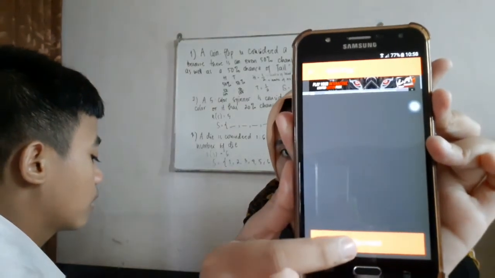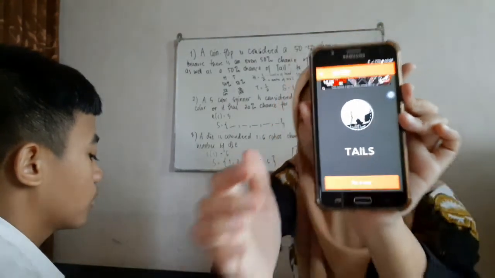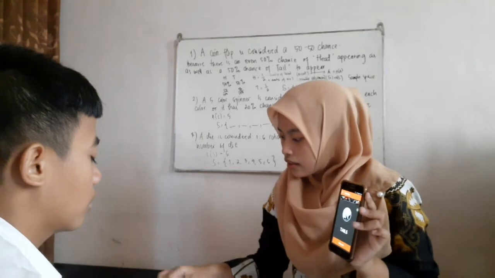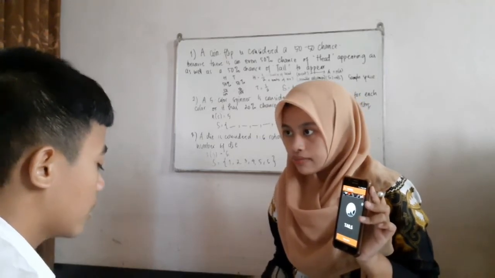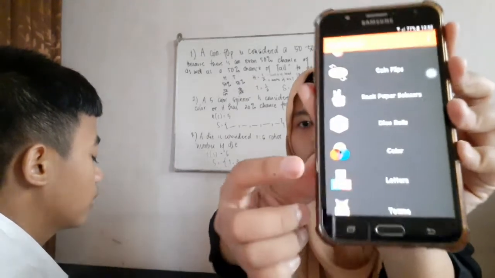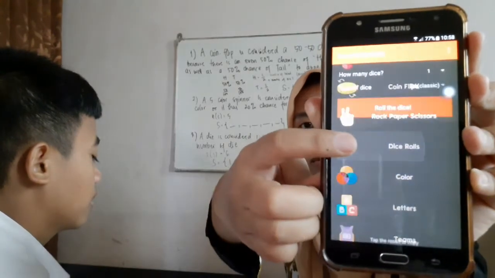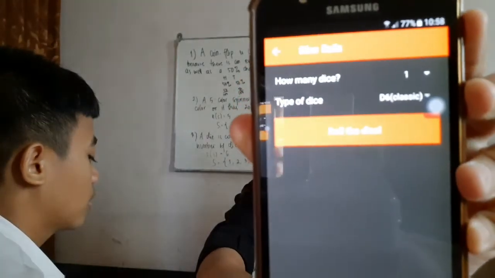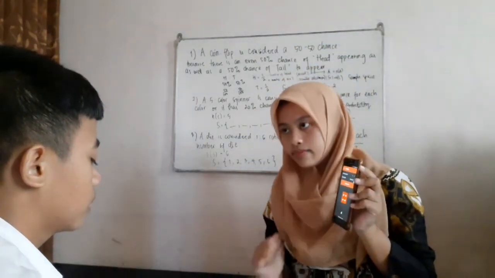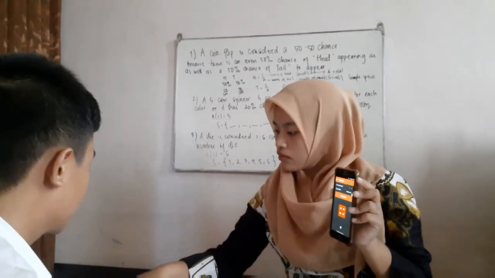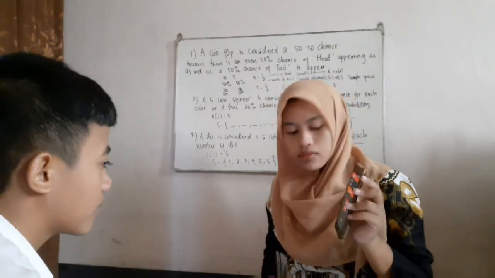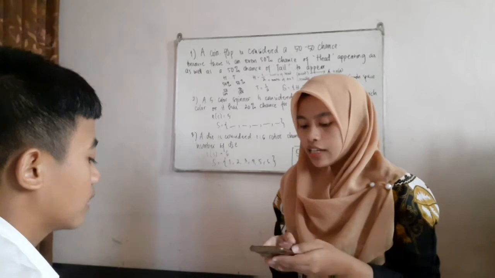After that you just click here and what you got is tail, and you give 1 tally stick in tail. Understand? Yes, Ma'am. Okay, and for the die, you can choose this die roll and then just click here. Then you get 4, and you give 1 tally stick. Understand? Yes, Ma'am. Okay, you can start your experiment.